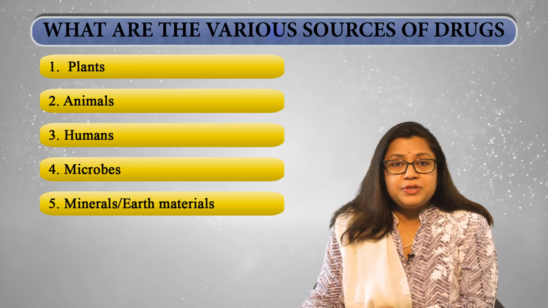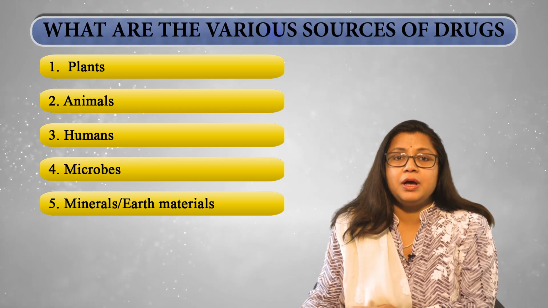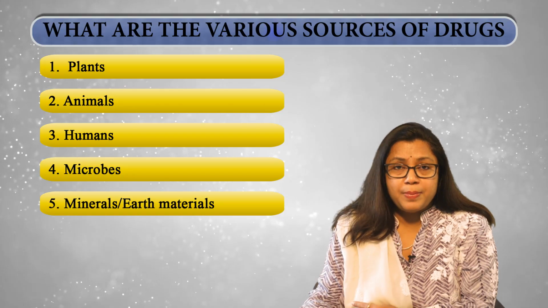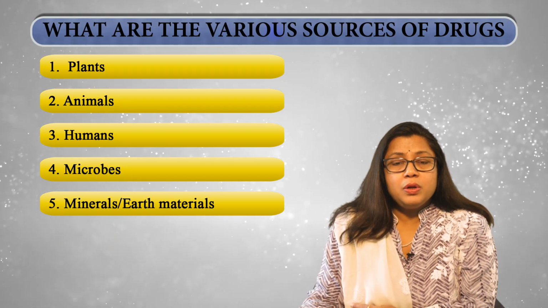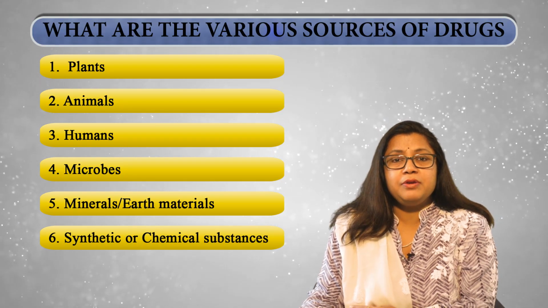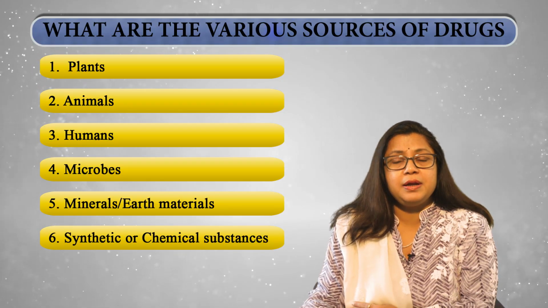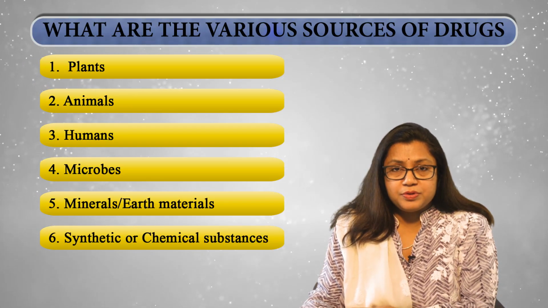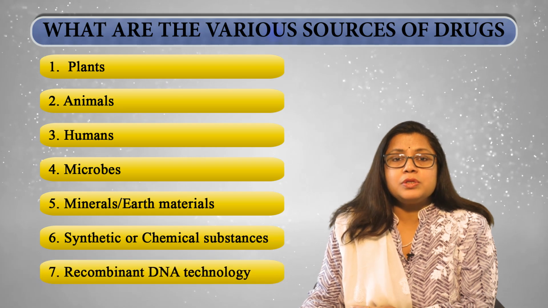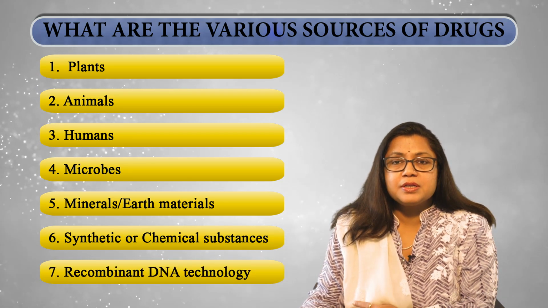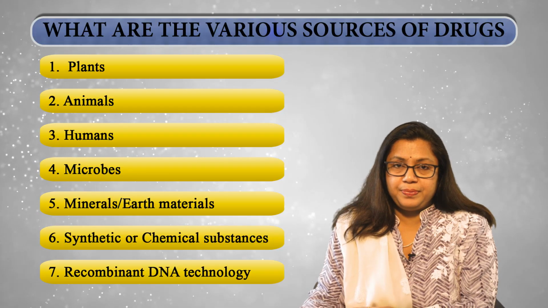Mineral or earth materials, which are found naturally occurring in various earths, rocks and mines. Drugs can also be obtained from synthetic or chemical substances, as I said, manufactured in the laboratories. Drugs are also obtained by a technology known as recombinant DNA technology. So these are the various sources of drugs.